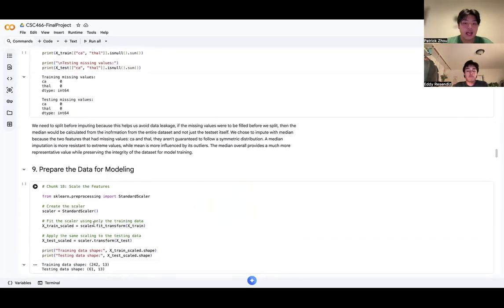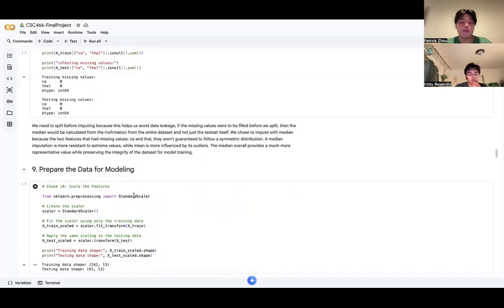Okay, and now let's prepare the data for modeling. Here we are scaling our features. Many machine learning algorithms perform better when numerical features are on a similar scale. This is most important for logistic regression because it is sensitive to differences in feature magnitudes, and scaling helps the model learn more effectively by standardizing the feature values.